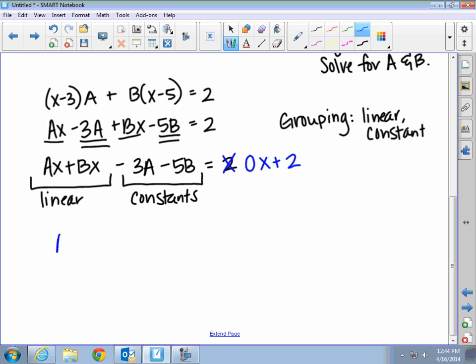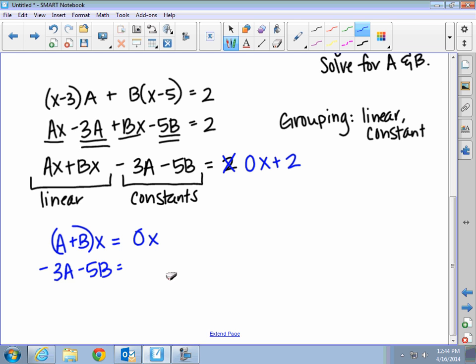You know that a plus b, or sorry, let's do it this way. a plus b x equals 0x. And you know that negative 3a minus 5b equals what?